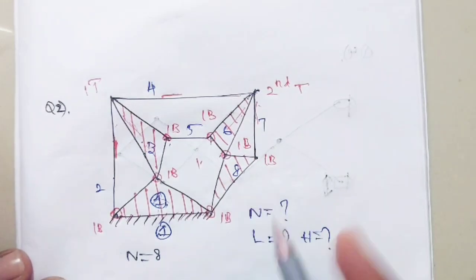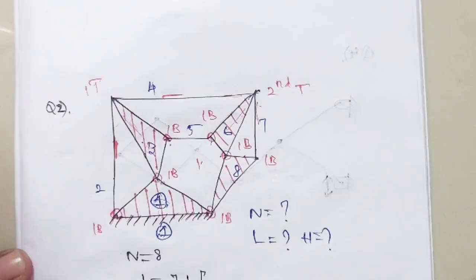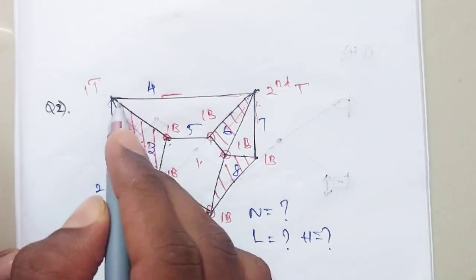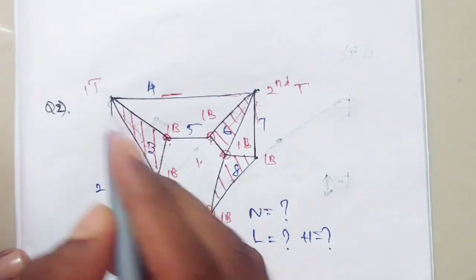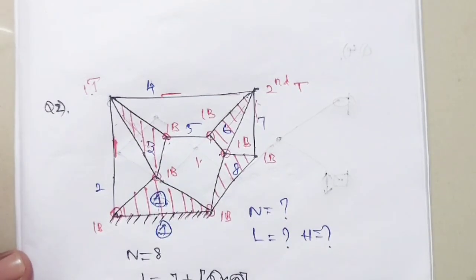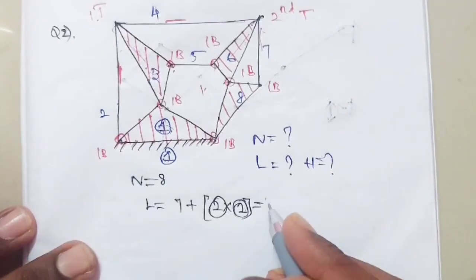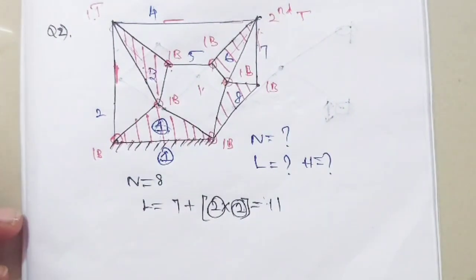There are 7 binary, plus 2 ternary. 2 ternary means we have to write it as 2. 1 ternary here, 1 ternary here. So we have to multiply by 2. There are 2 ternary, so we multiply by 2. This is the basic formula for ternary. And then the total value is 11.